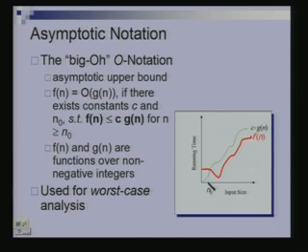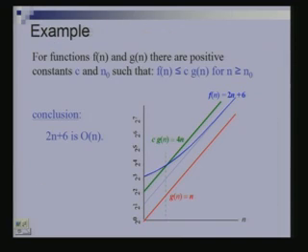Now as you can see, beyond this point n naught, c times g of n is always larger than f of n. Suppose this is the way it continues even beyond this point. Then we would say that f of n is big O of g of n, or f of n is order g of n. Okay, so a few examples would clarify this, and we come to that.